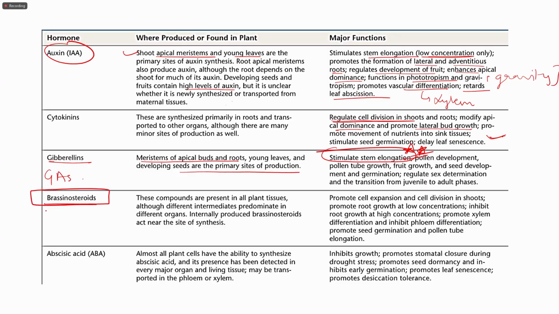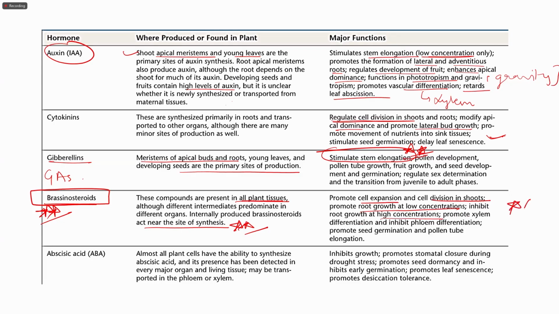And the next is brassinosteroids. So brassinosteroids are recently discovered. These are present in all the plant tissues. Although different intermediates predominate in different organs, internally produced brassinosteroids act near the site of synthesis. So they usually act locally. It promotes cell expansion and cell division in shoots, promotes root growth at low concentration, inhibits root growth at high concentration.